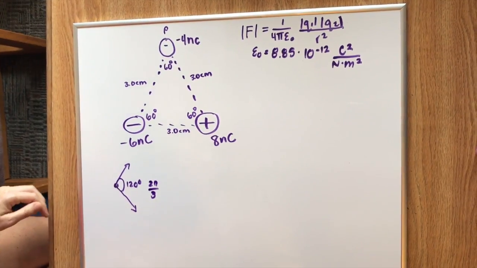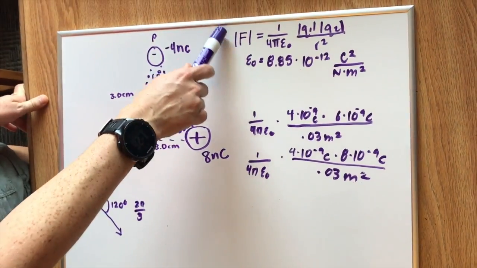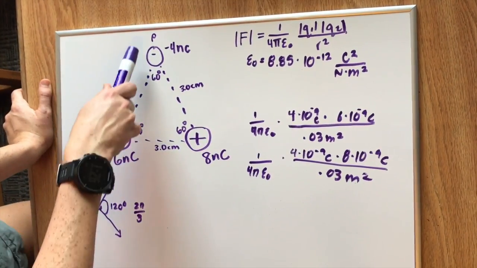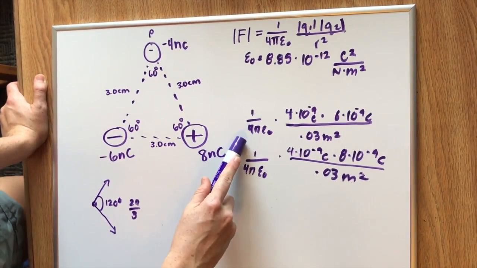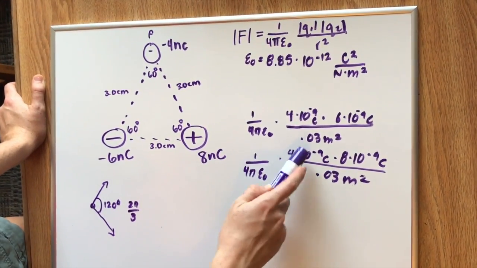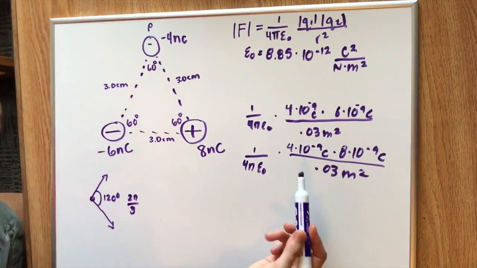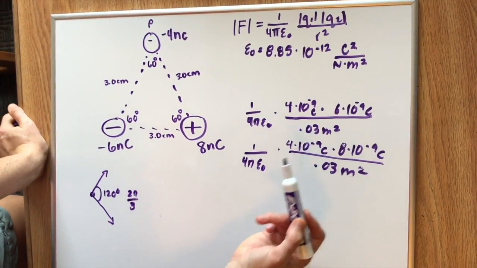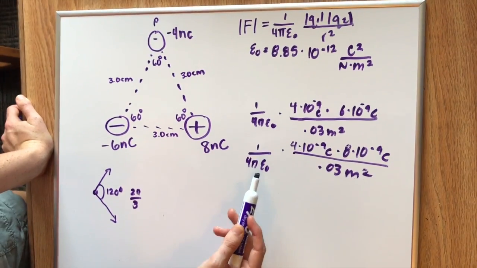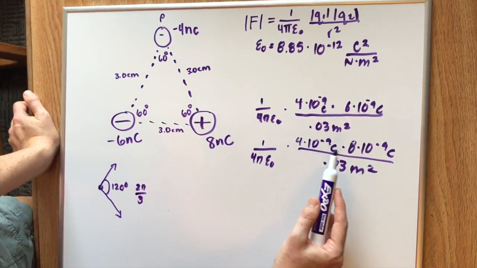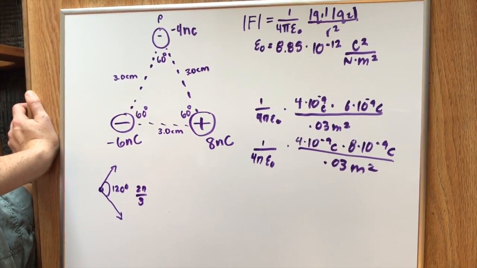So to find the force from the -6 nanocoulomb charge, using this formula, the force at point P from the -6 nanocoulomb charge is 1 over 4 pi epsilon naught times 4 times 10 to the -9th coulombs times 6 times 10 to the -9th coulombs over 0.03 meters squared. And similarly for the 8 nanocoulomb charge, it's 1 over 4 pi epsilon naught times 4 times 10 to the -9th coulombs times 8 times 10 to the -9th coulombs over 0.03 meters squared.